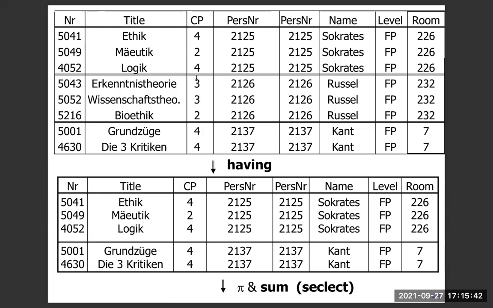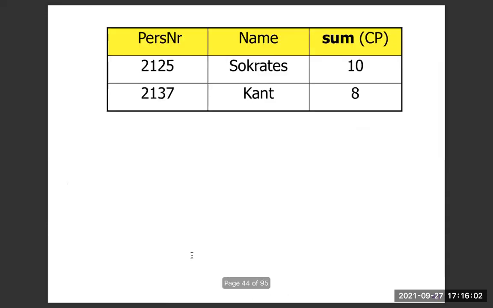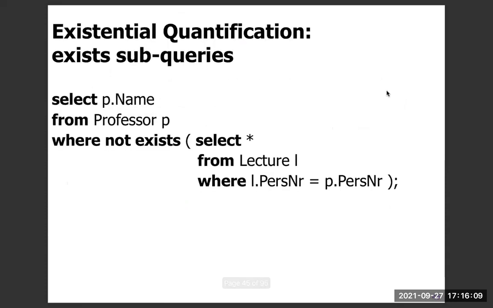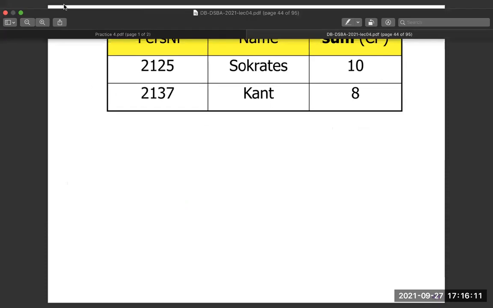The second group has an average of CP lesser than 3, and the last group. And then to output what I want, I want person number, name, and a sum of CPs. So Socrates and 10, and Kant and 8. So that's it.